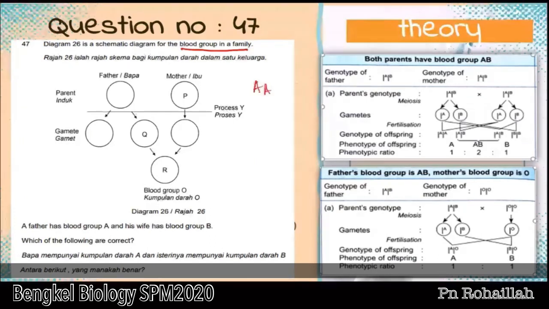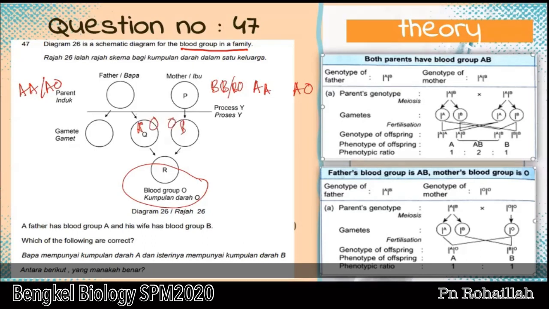The mother is group B, so BB or BO. Now look at the child, who is group O. Can this become A? No. Can this become B? No. It should be both O, OO.